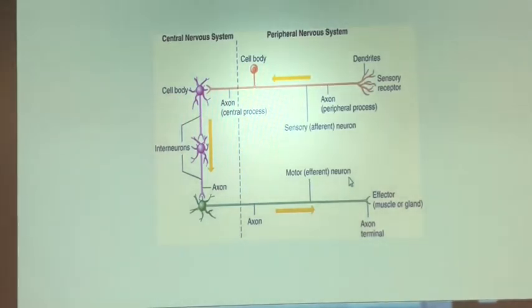A motor neuron, also called efferent. Be familiar with efferent as a motor neuron and afferent as a sensory neuron. We are moving again in this direction away from the CNS, and the action potentials, like a wave on the ocean, that action potential is having its effect down this axon here.